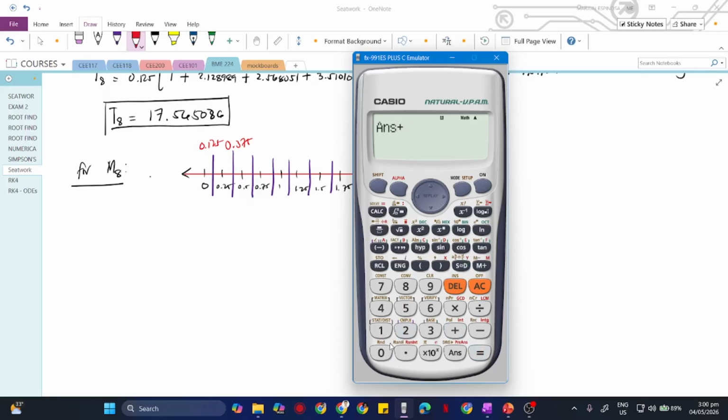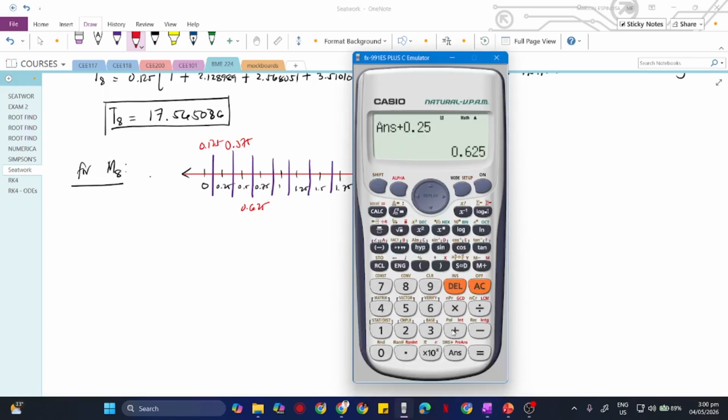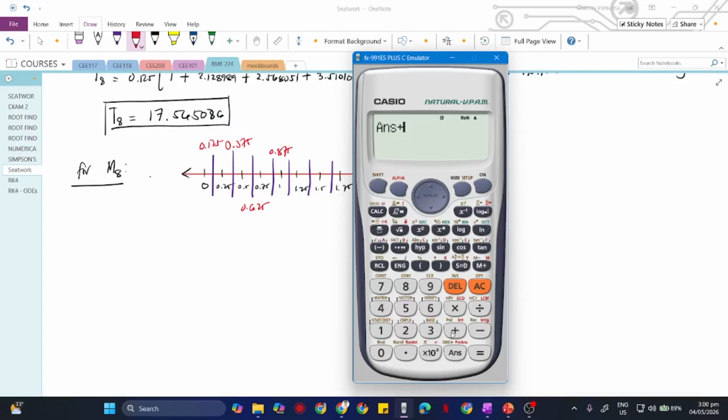Then add 0.25 again, you would get 0.625. Here, 0.625. Add 0.25 again, so you have 0.875. Then add 0.25 again.